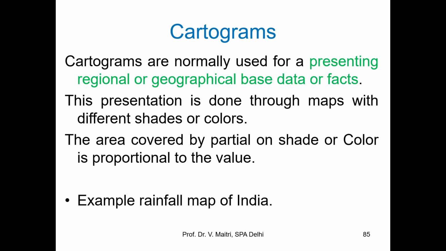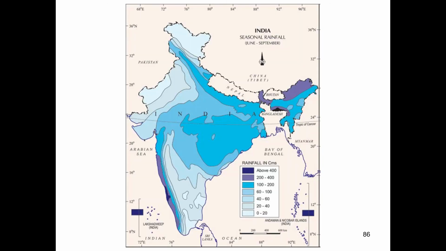Cartograms. Normally we use cartograms for presenting regional or geographical based data or facts. This is done either through a map or with different shades or colors. So with partial shades of color, we can present it. Let's take the example of the rainfall map of India.